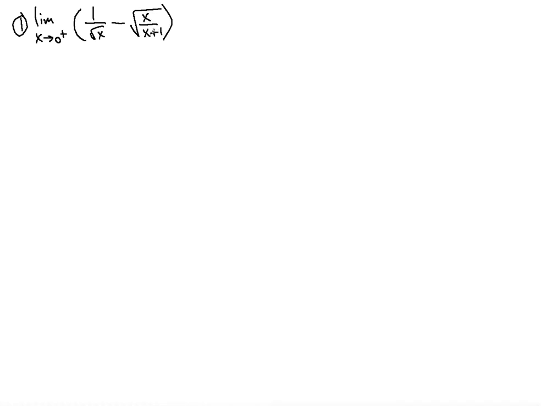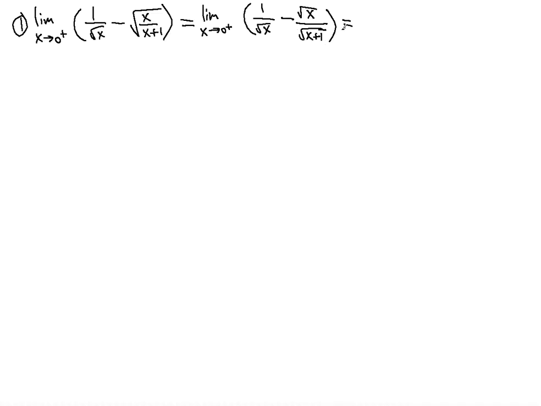Right? And here, notice that you can rewrite this as 1 over square root of x minus square root of x over square root of x plus 1. That's the equivalent. And then you can create a single fraction combining these two fractions with the LCD, and the LCD is going to be square root of x times x plus 1, which is x squared plus x.